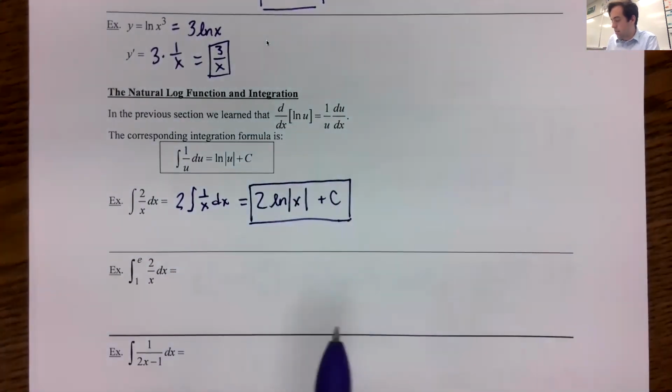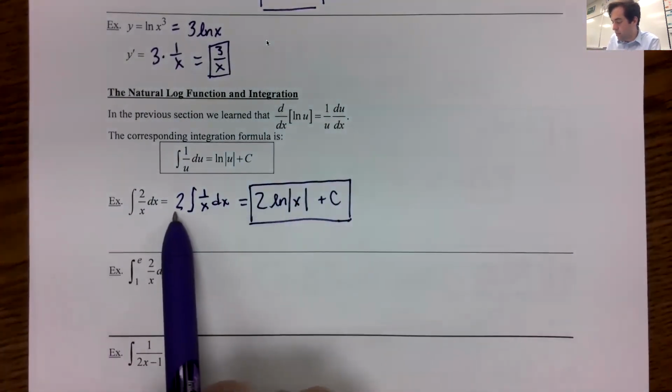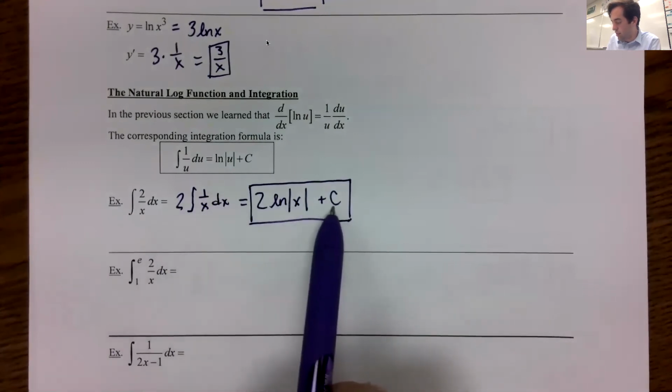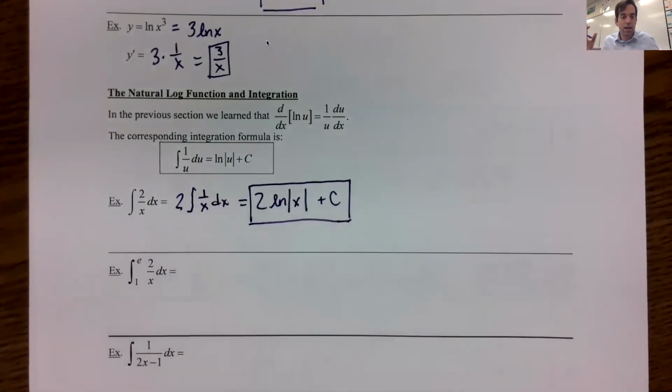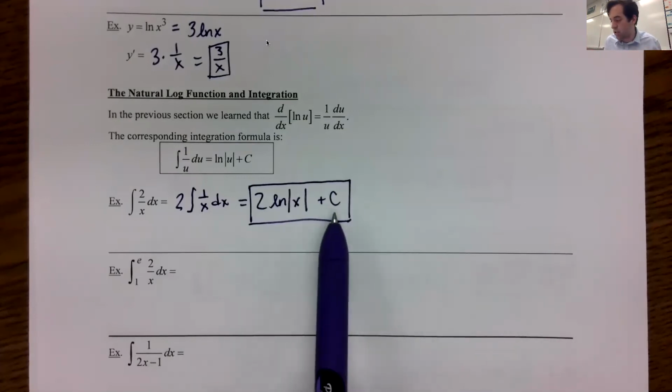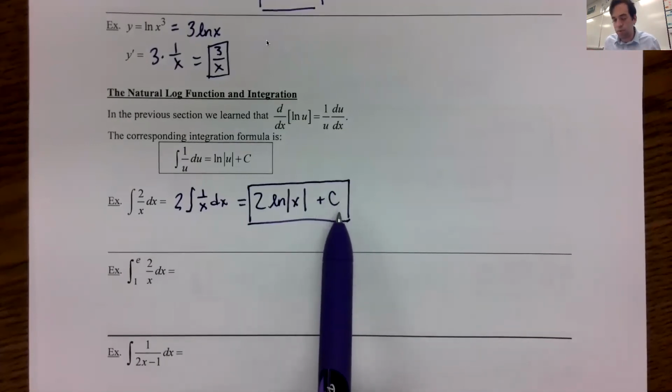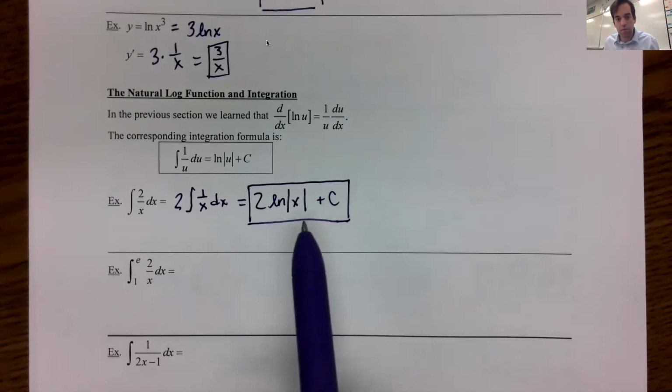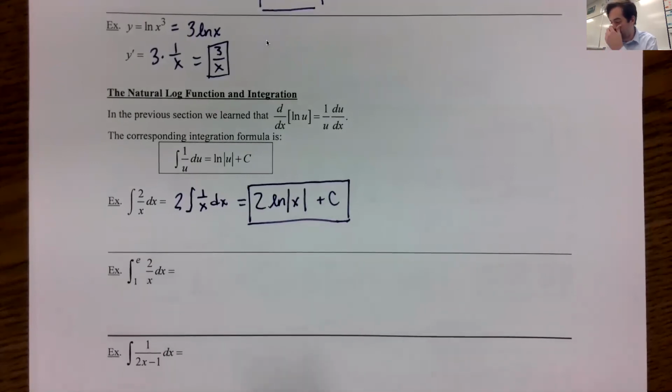Now, I talked about this last lesson, but we don't have to distribute the 2 to the c because c just represents a constant. It's any real number. And if we multiply something by 2, it's still going to be any real number. It didn't change the fact that this is just a constant representing any value. So we don't have to write 2c or anything like that.